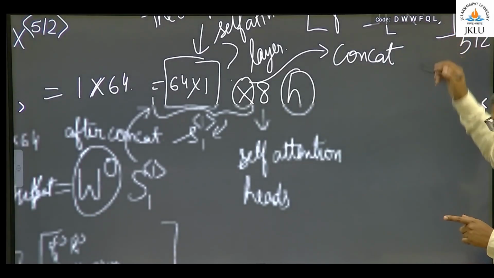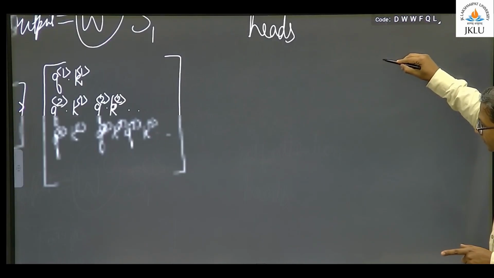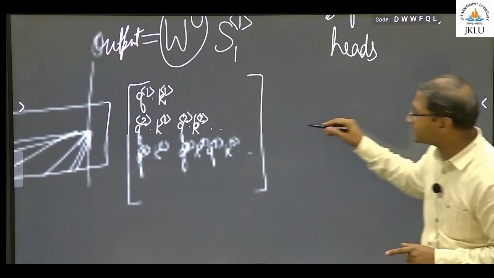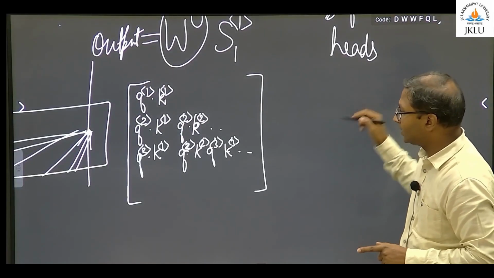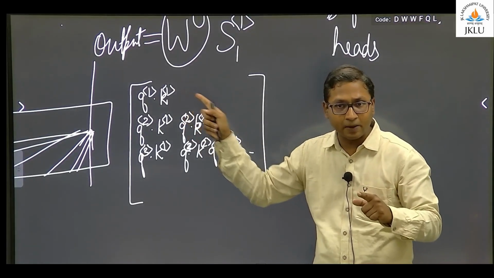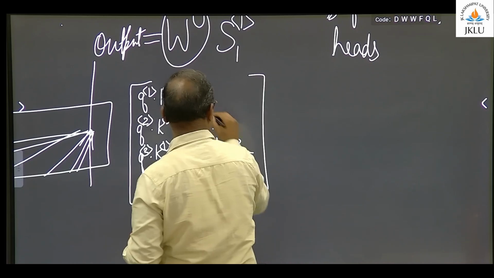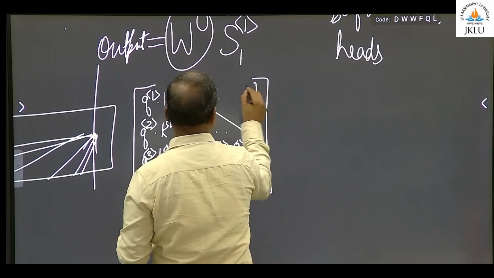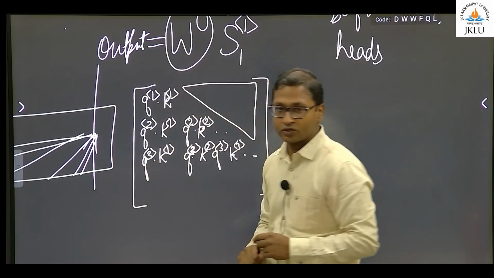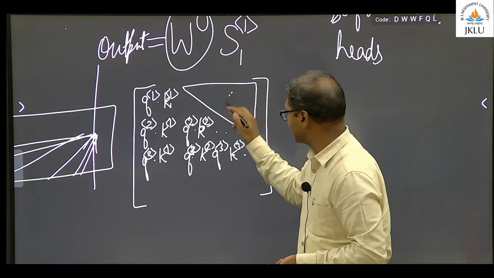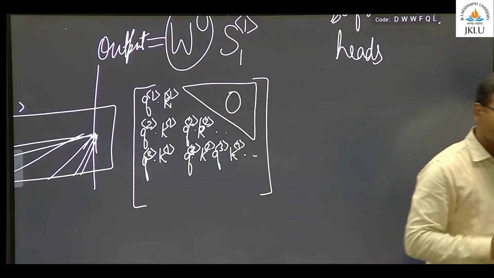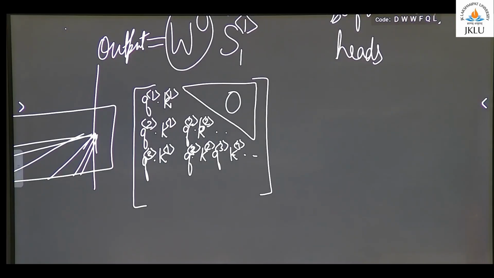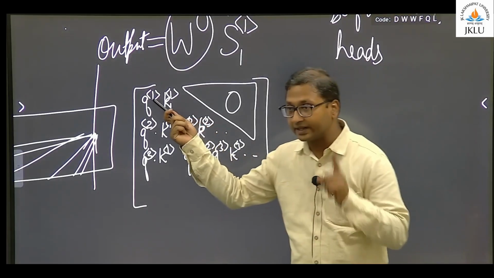So this same matrix, is this the same matrix? This is the same matrix except this upper triangular should be what? You say 0, I put it 0. What is the problem with 0? These are my attention weights.